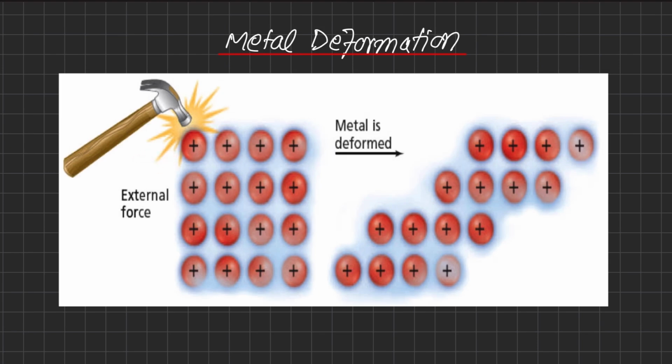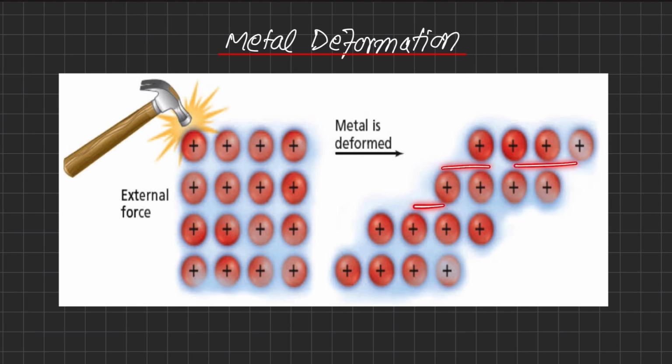When we apply some external force on this area, as these atoms are converted into positive spheres and are placed in this negatively charged pool or gas, as the force is applied, all the atoms slightly move forward at the region where the force has been applied, because all the atoms are present in the pool or gas of electrons.